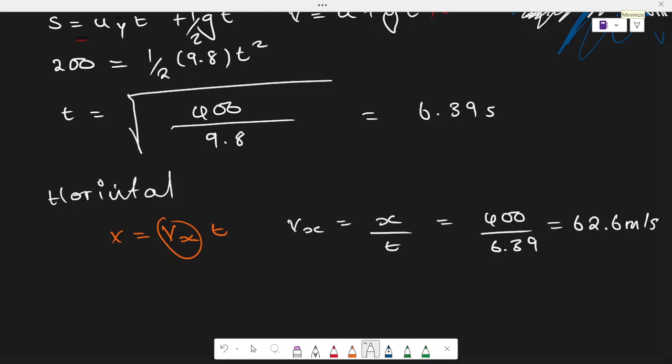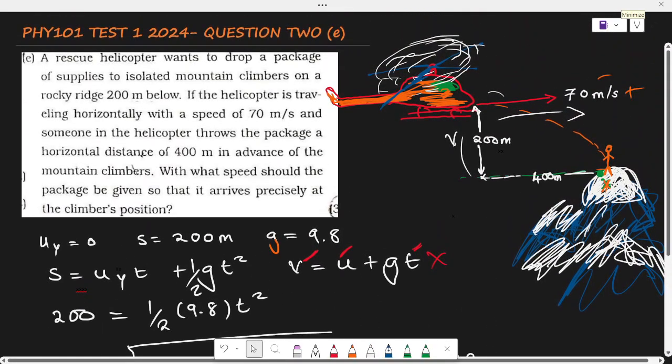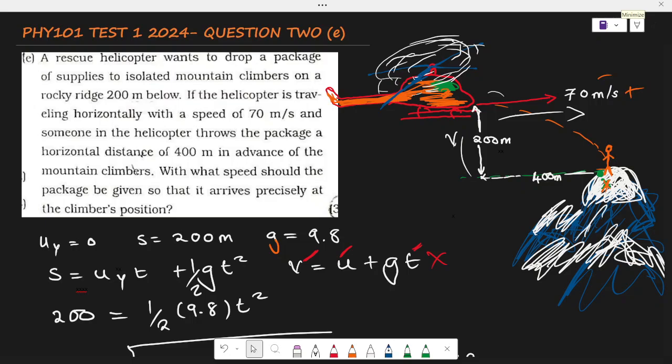So we discover that the speed relative to the ground is 62.6 meters per second. That means that as this guy in the helicopter throws the package, he is slowing the package down, for us to get a value lower than 70. So what does this mean? This means that he's not throwing the package in the positive x direction, not forward, rather he is throwing the package backwards.